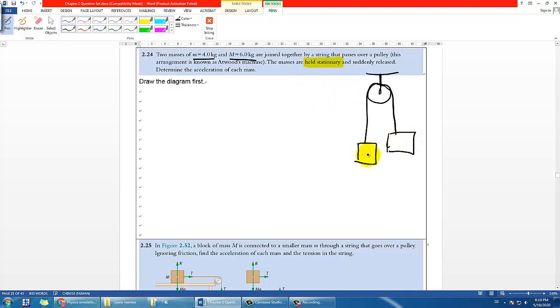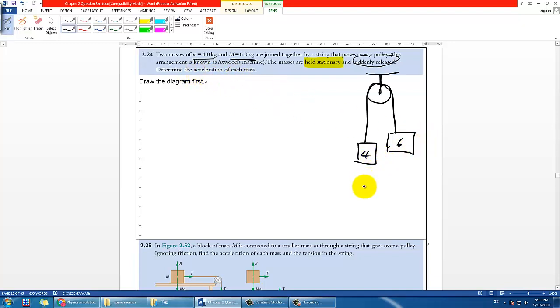While in the case of 4 and 6, not really, because at the end the acceleration would be the same, and it will be just easier to calculate. Then what happens next is they are released. They want you to calculate the acceleration of each mass.